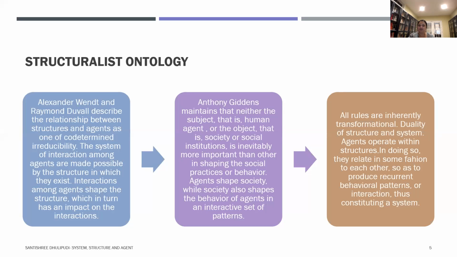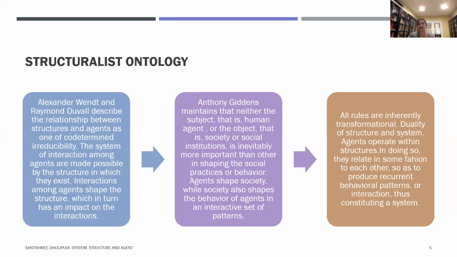Alexander Wendt and Raymond Duvall describe the relationship between structures and agents as one of codetermined irreducibility. The system of interaction among agents is made possible by the structure in which they exist. Interactions among agents shape the structure, which in turn has an impact on the interactions.